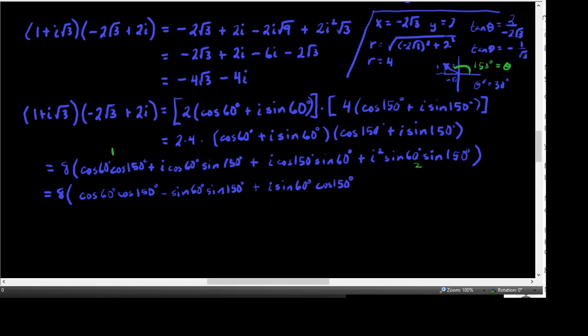And yeah, I changed the order in which I wrote those, and that was on purpose because of something that's coming up. And by the way, you're not going to have to repeat this yourself ever. So at least I hope you don't, because that means you've forgotten how to do the shortcut way. And that's not what I want you to do. So I'm just hoping you're following it more than anything else at this stage of the game. Plus I cosine of 60 degrees sine of 150 degrees.